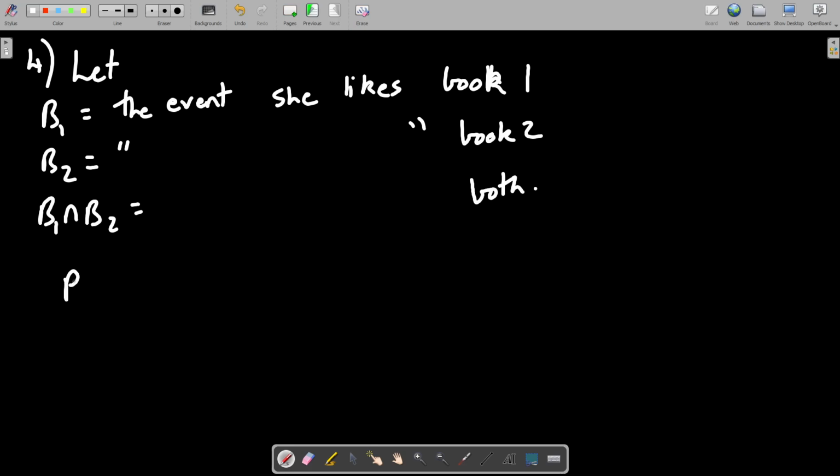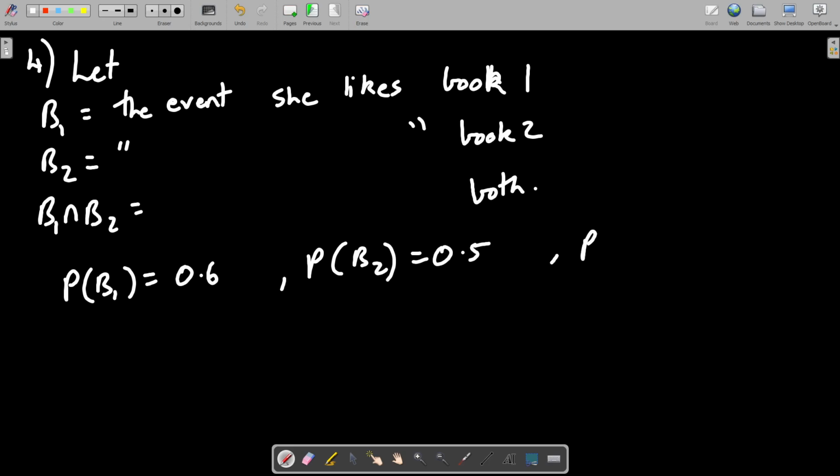So what is given to us right now? The probability she likes book 1 is 0.6, she likes book 2 is 0.5, and she likes book 1 and book 2 is 0.4.